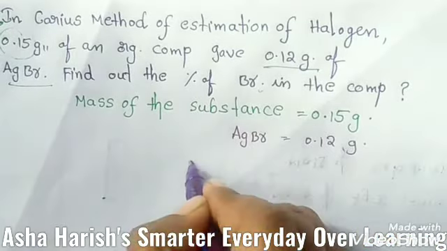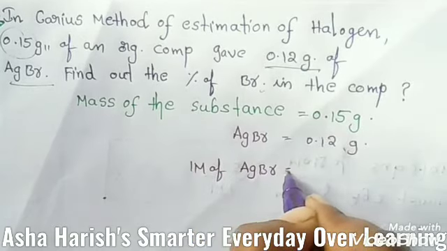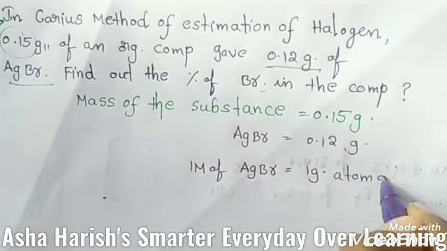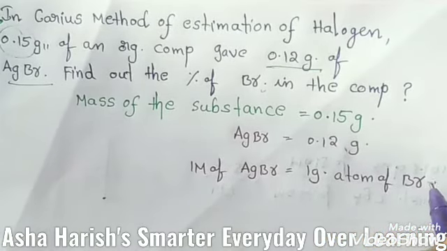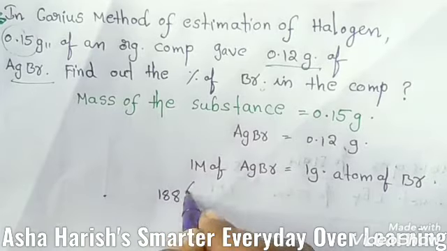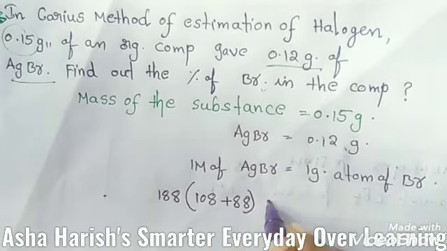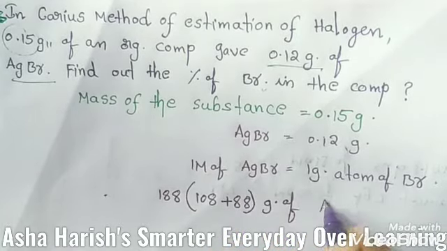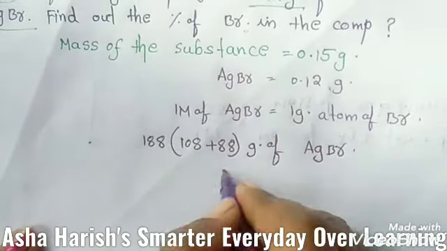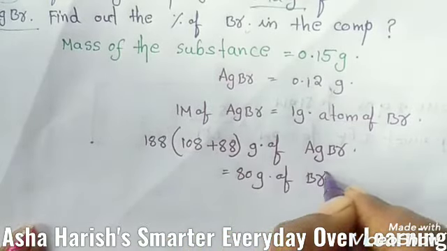Now 1 mole of AgBr is equal to 1 gram atom of bromine, or 188, that is 108 plus 80 grams of AgBr, contains 80 grams of bromine.